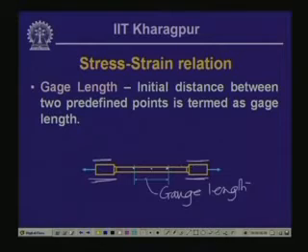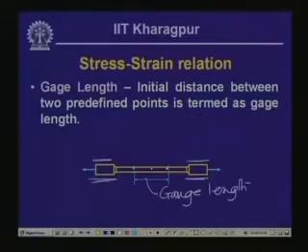And as we have seen earlier, for a body subjected to an axial pull, the normal stress is the axial pull divided by the cross sectional area. So for each increment of the load, we can compute the stress, we can compute correspondingly the strain, and then we can plot a curve to establish the relationship between the stress and the strain.